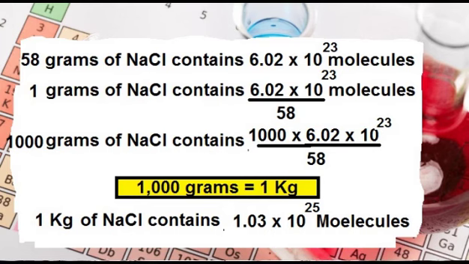First we have to find out how many molecules 1 gram of sodium chloride equals, and then how many molecules 1000 gram of sodium chloride equals. And as you know that 1000 gram is equal to 1 kilogram, so 1 kilogram of sodium chloride equals this number of molecules you can see on the screen by making the calculation.